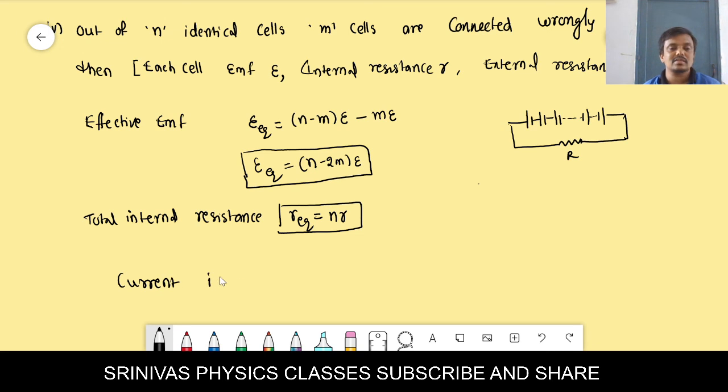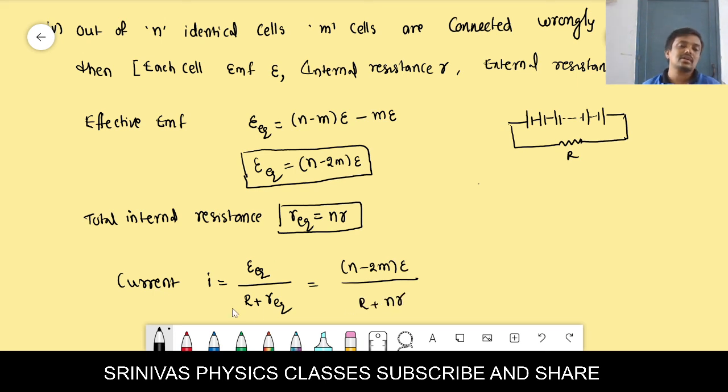The current formula is effective EMF by effective resistance. With external resistance capital R and internal resistances, the formula is n minus 2m into E by capital R plus nr. This is the formula for the current.